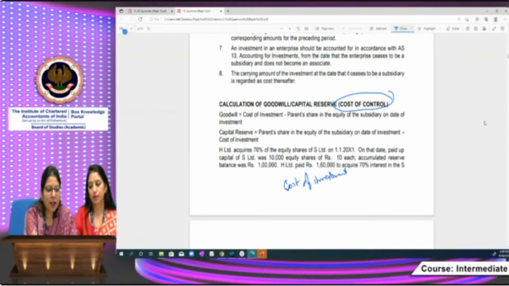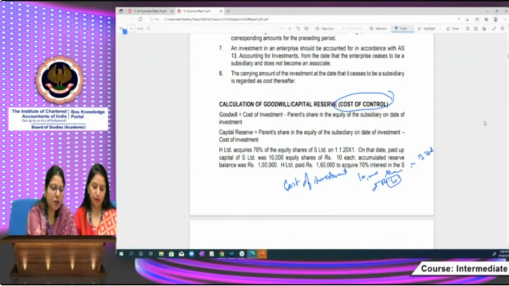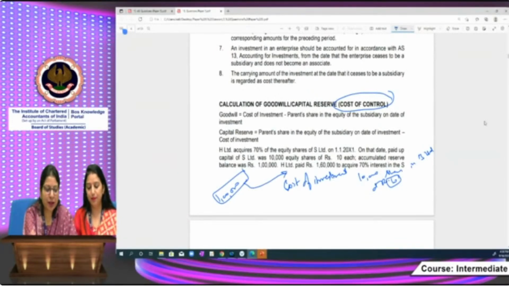Suppose you are investing through purchase of 10,000 equity shares in B Limited at rupees 10. So it means 1 lakh is the cost of investment. In lieu of it, what are you getting in the subsidiary?